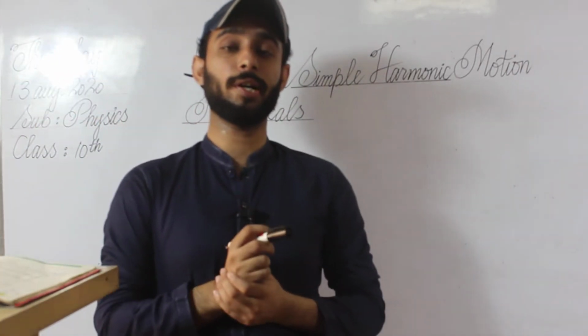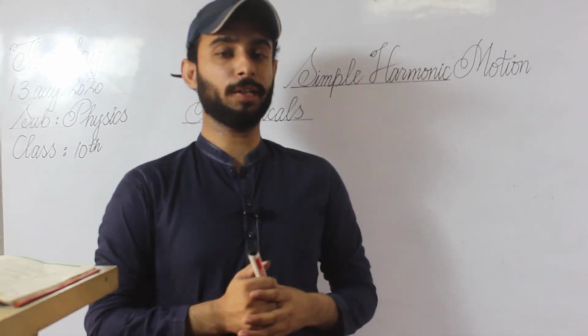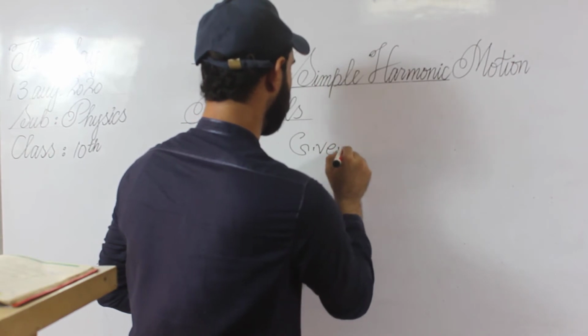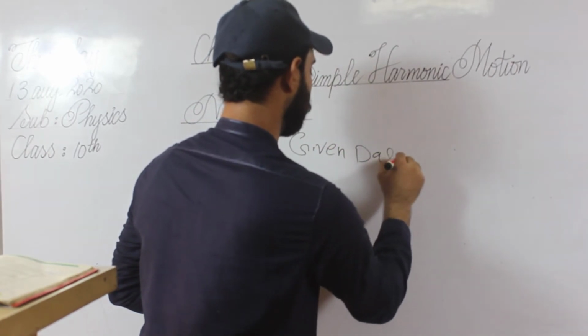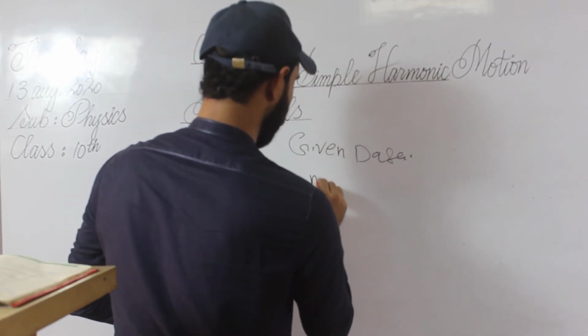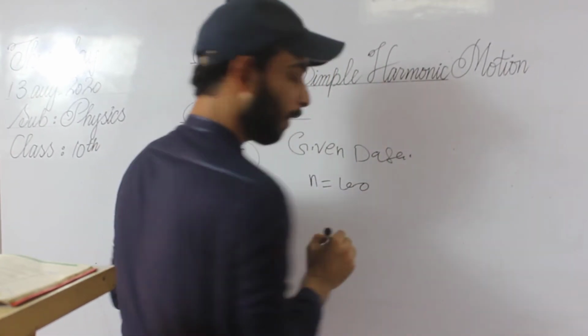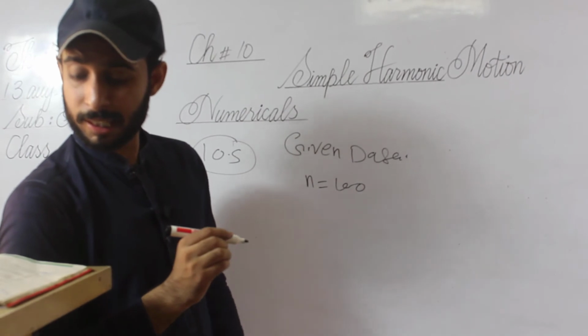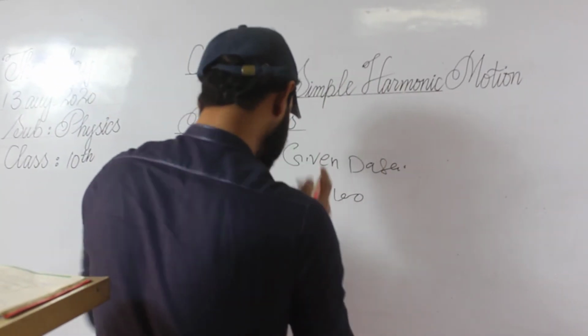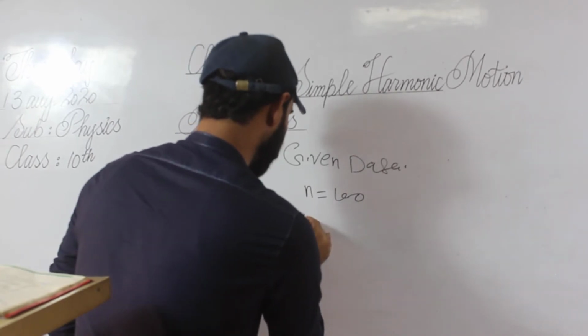So first of all student, we try to find out the given data here. He says the number of waves, so it means n is equal to 100. Second thing, he says in 20 seconds, it means that's the time.